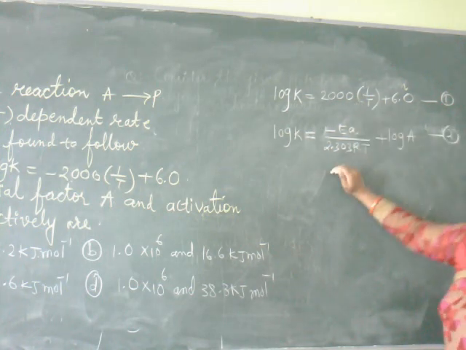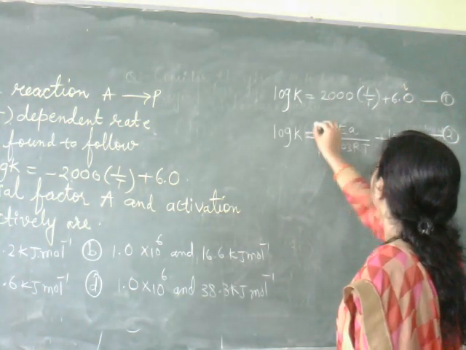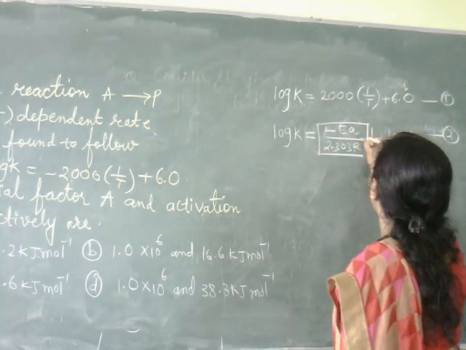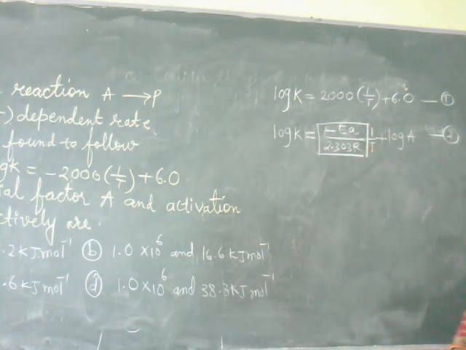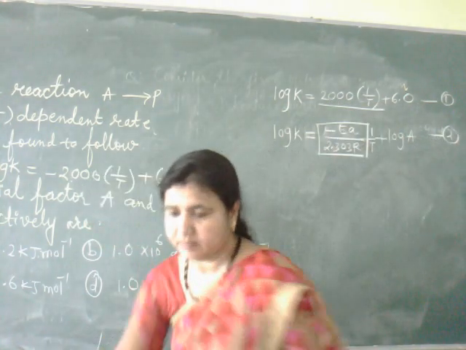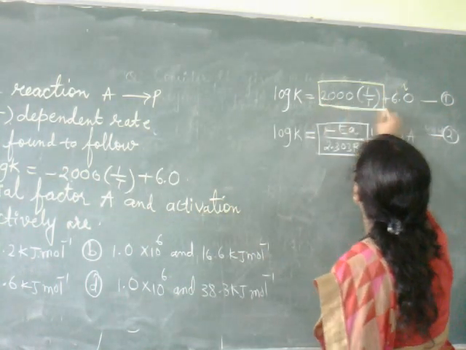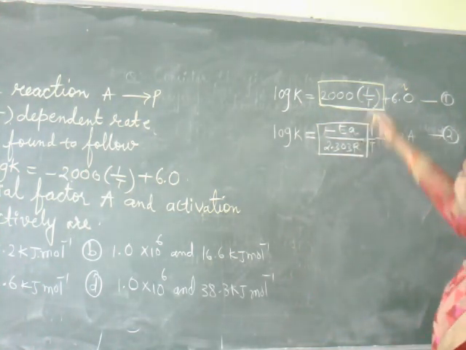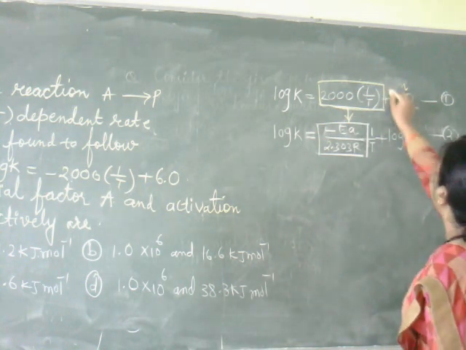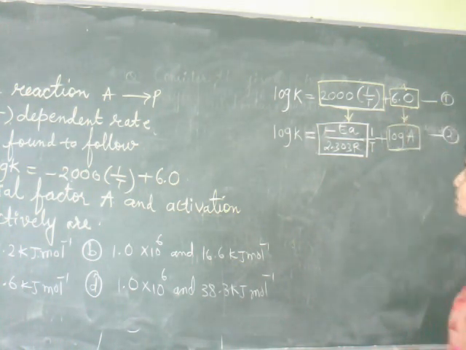The same equation, if we compare, this is equation 1 and equation 2. Compare these two equations. What we got here? So this value, 2000, if you take out, and it is 1 by T, I am writing here. This value and this value, just compare it here, and 6.0 this value and log A this value, compare both the values here.